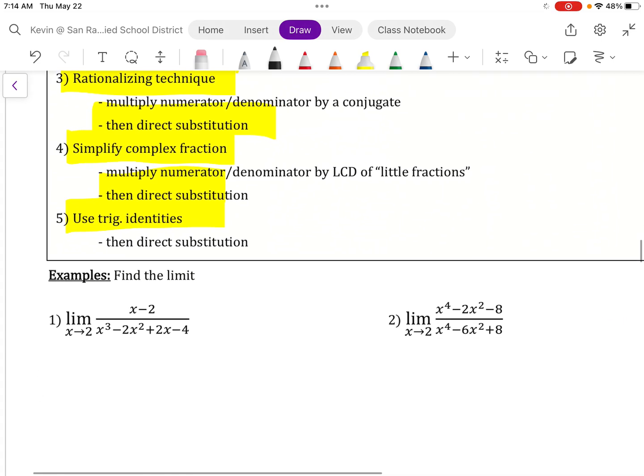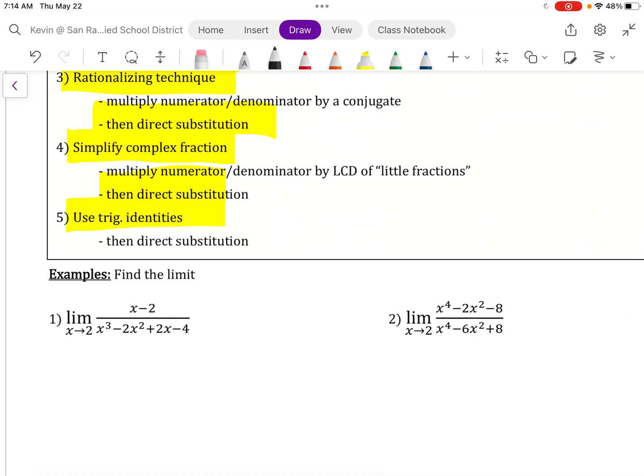This means that if we came up here and we used direct substitution, so we said, okay, well, let's just go f of 2, and we put that in here. We go 2 minus 2, and this would be 2 cubed minus 2 times 2 squared plus 2 times 2. So we use direct substitution.